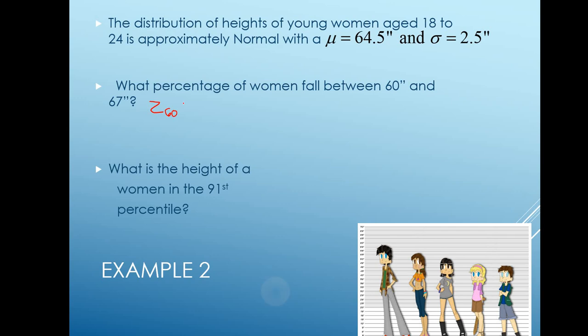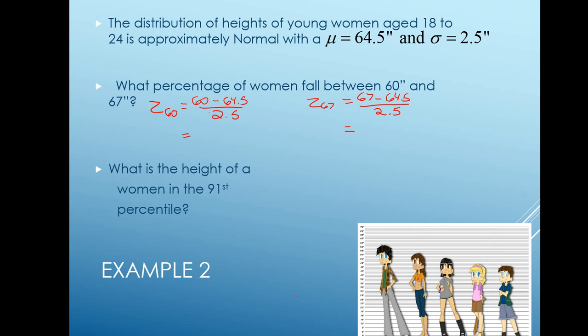So I'm going to do the z of the 60 inches, and then the z of the 67 inches. All right, so I got to find these 2 z-scores first.